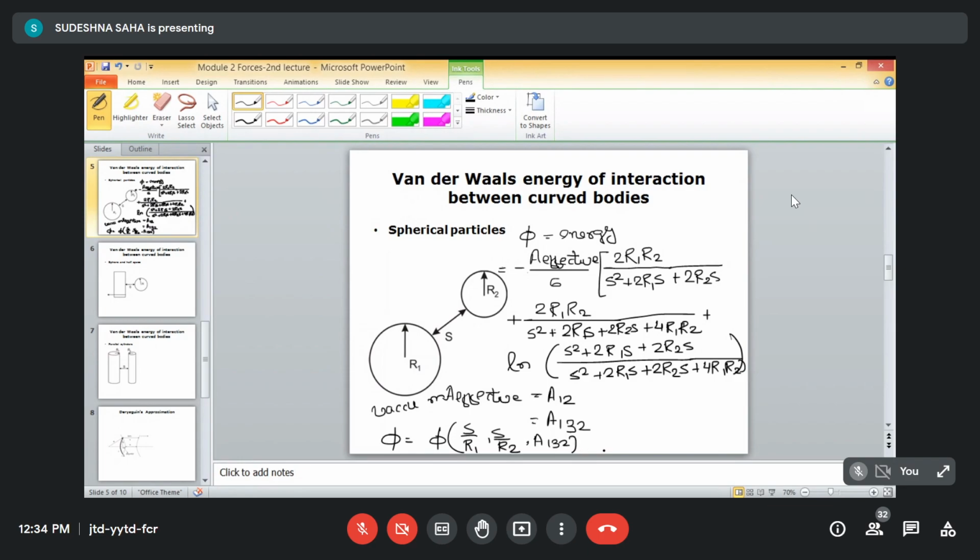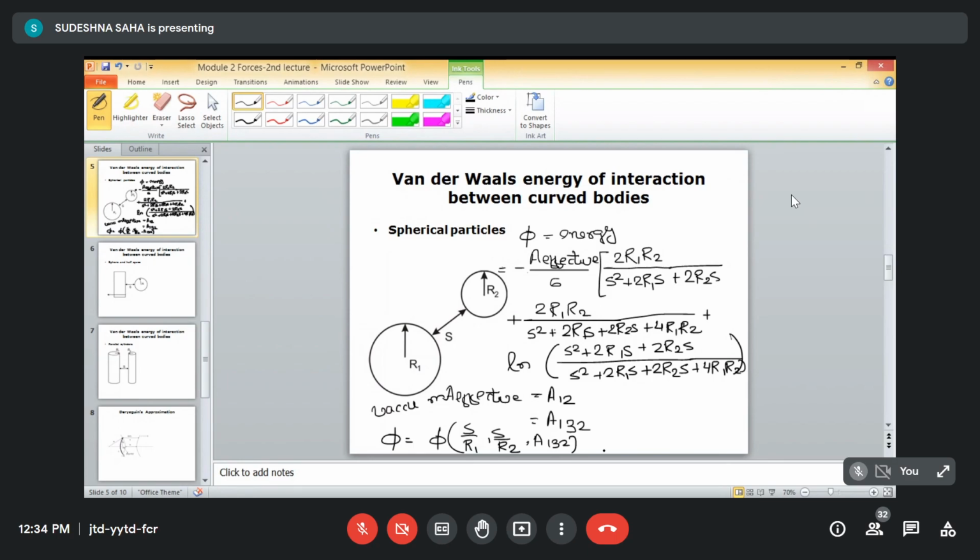Okay, that means if S by R1 and S by R2 are constant for different particle systems, then phi will remain constant if A132 also becomes constant.